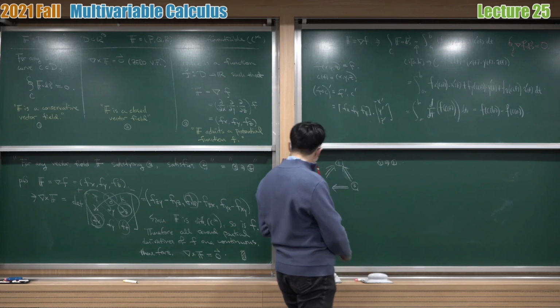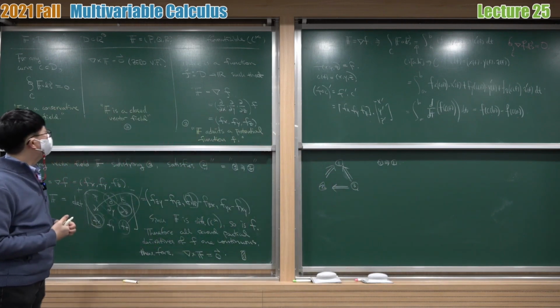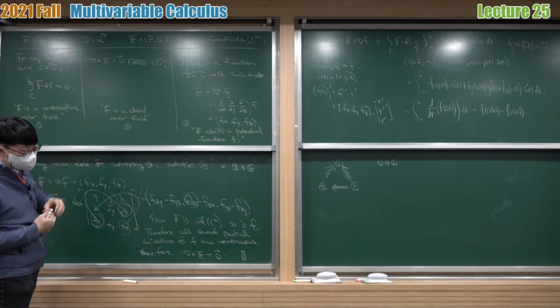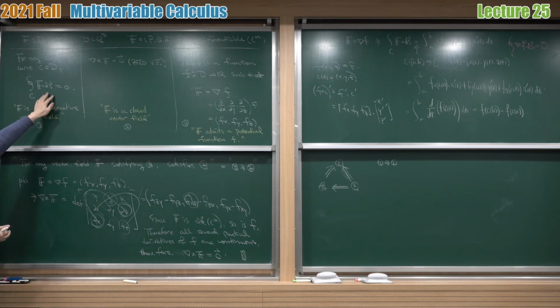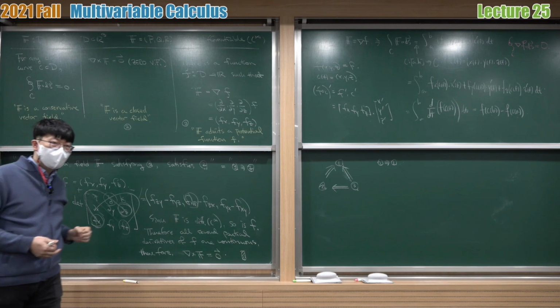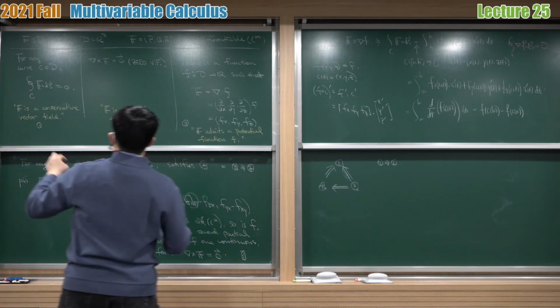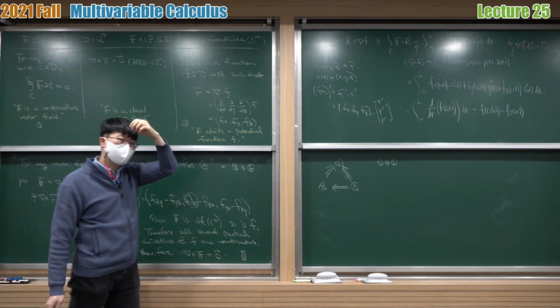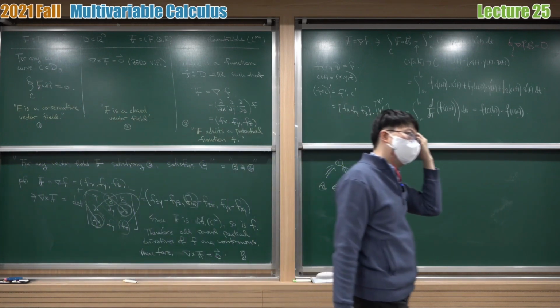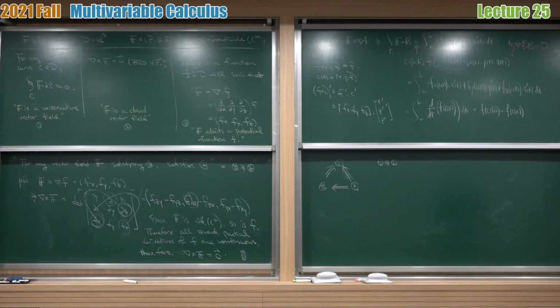Okay. So assuming that we have a closed vector field having curl always 0, what we want to prove is this equation. So do you see any relation between these 2 concepts? What kind of theorem do we need to apply? Stokes theorem, yes.